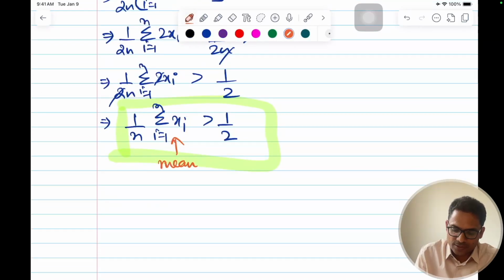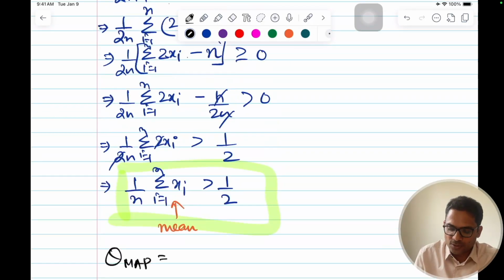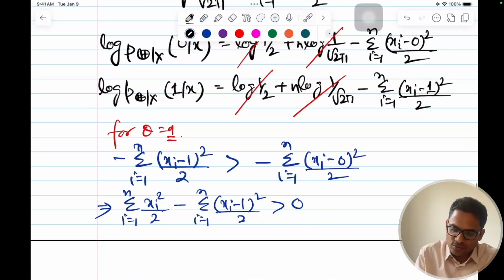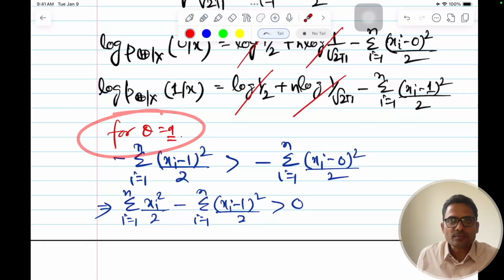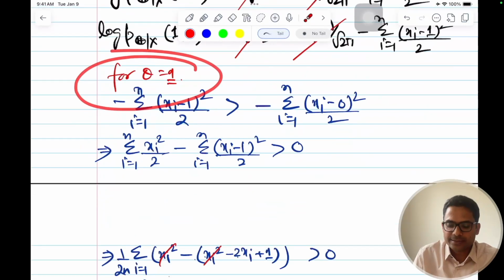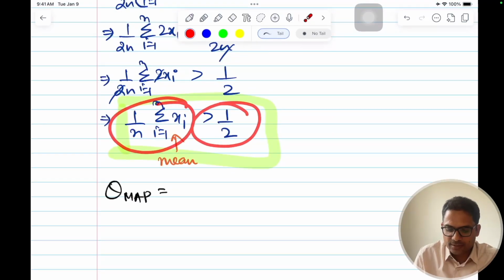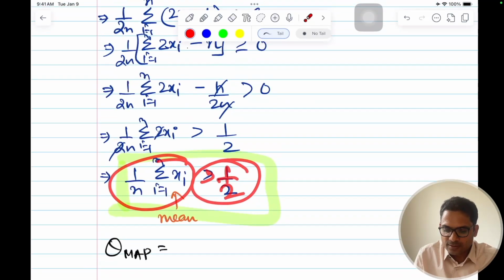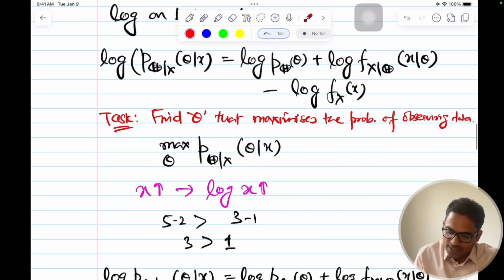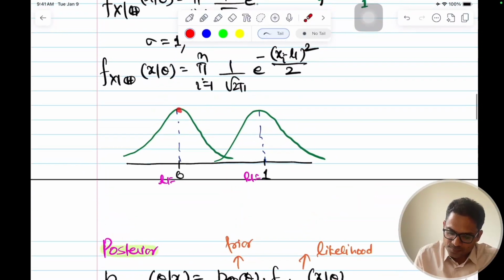So how can we write, so our theta MAP, what will be my theta MAP? It should be greater than half. What did we assume? For theta equal to 1, what should be the condition? For theta to be 1, the mean should be greater than half. I said that mu i is either 0 or 1.